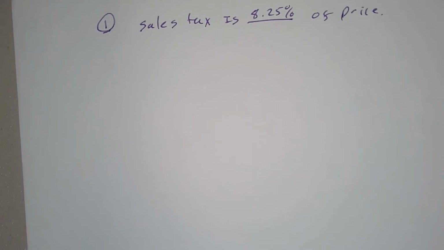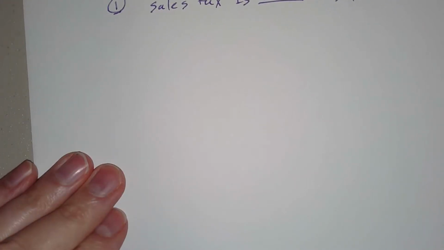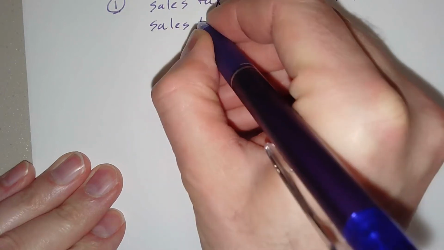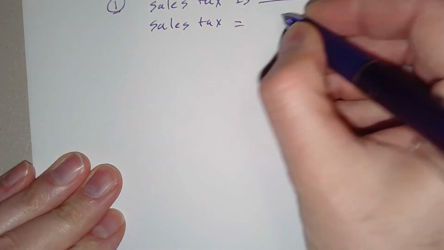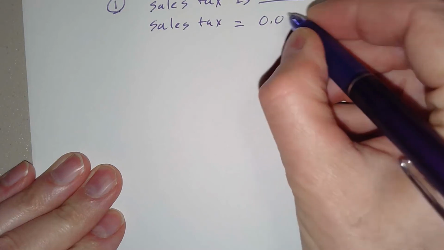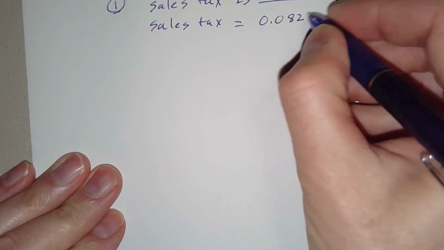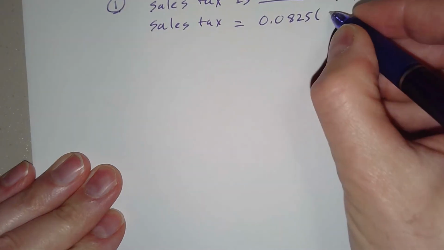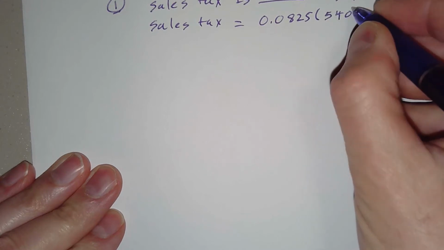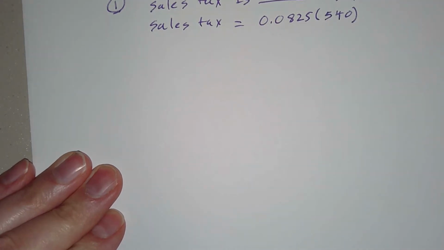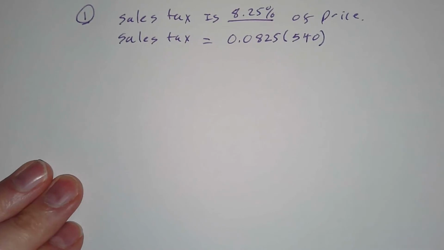That's $540. So we're looking for the sales tax. And we write that as a decimal, 0.0825 of the price, which was $540. And then we go and we multiply.